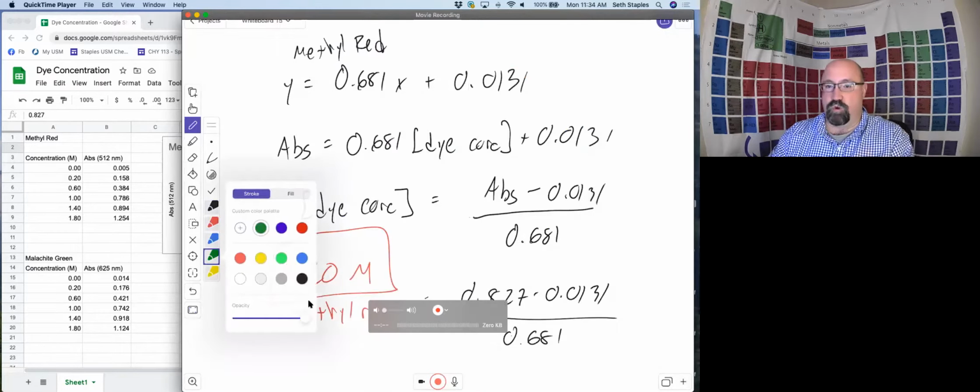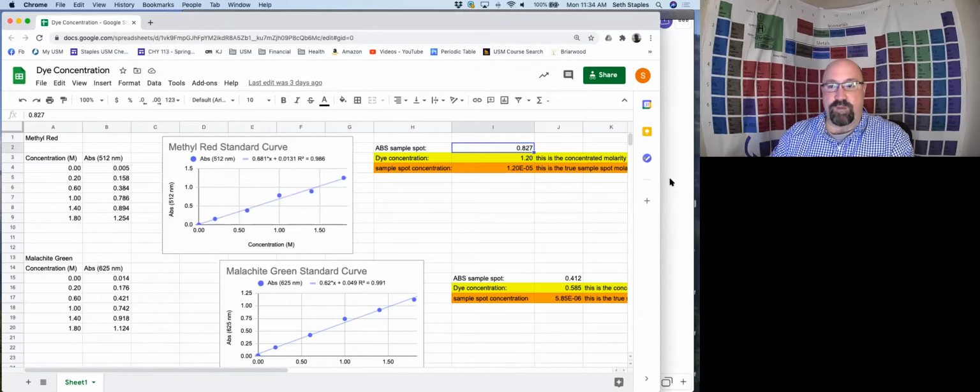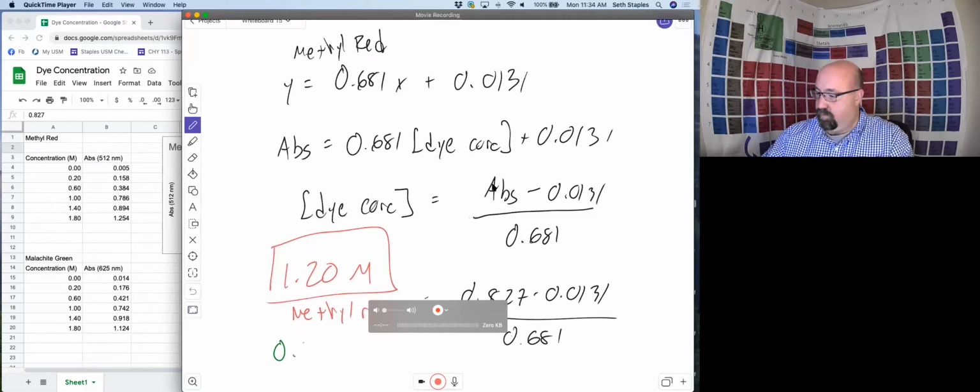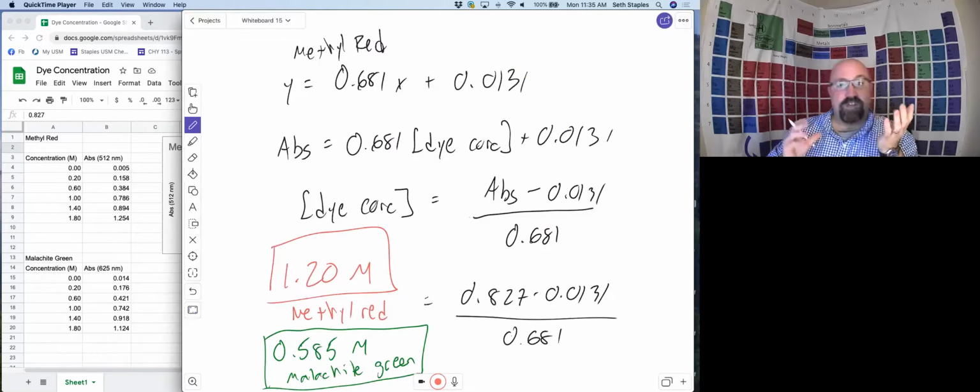I won't show you that, but it would be done the same exact way. We do that and we find a concentration of 0.585 molar for the malachite green. And so there's our dye concentrations in the river.